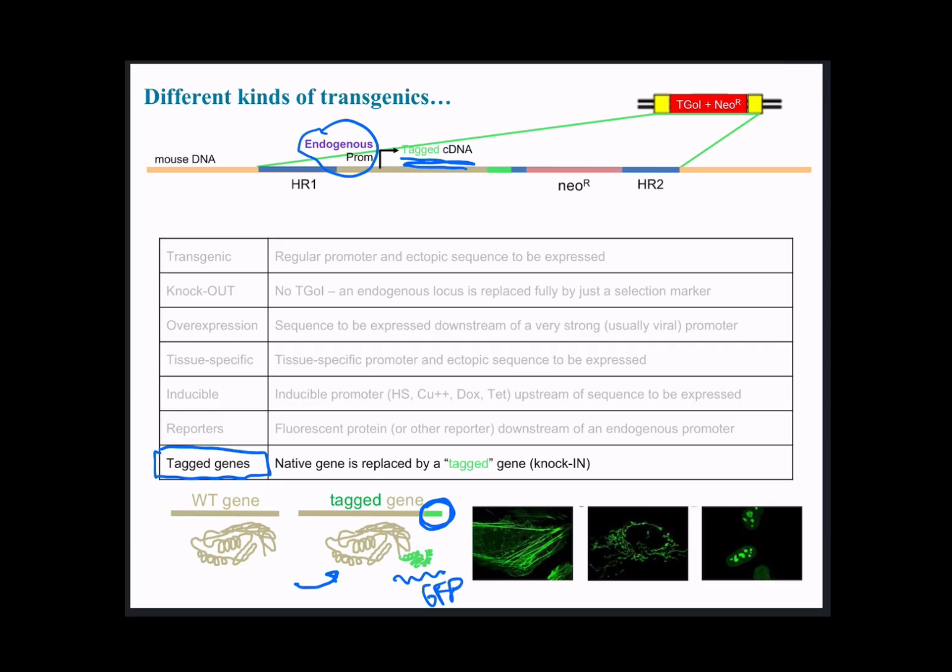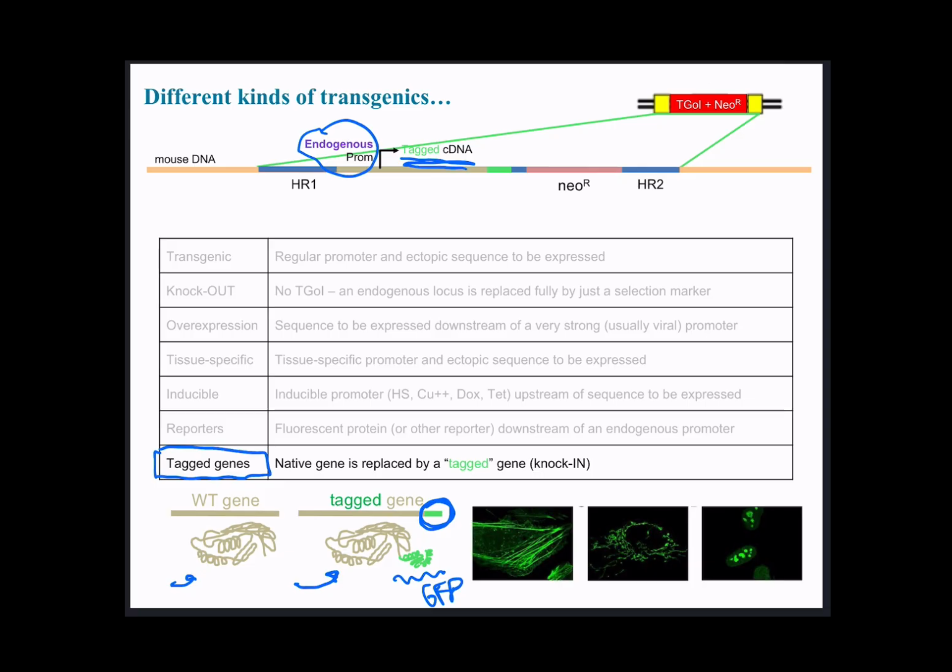It's simply a little bit of protein that is added to your natural gene that will maintain the capacity to fluoresce under the right excitation wavelength. So instead of having your regular wild-type gene giving rise to the regular protein that the animal would normally express, you're expressing a tagged protein that you can follow.